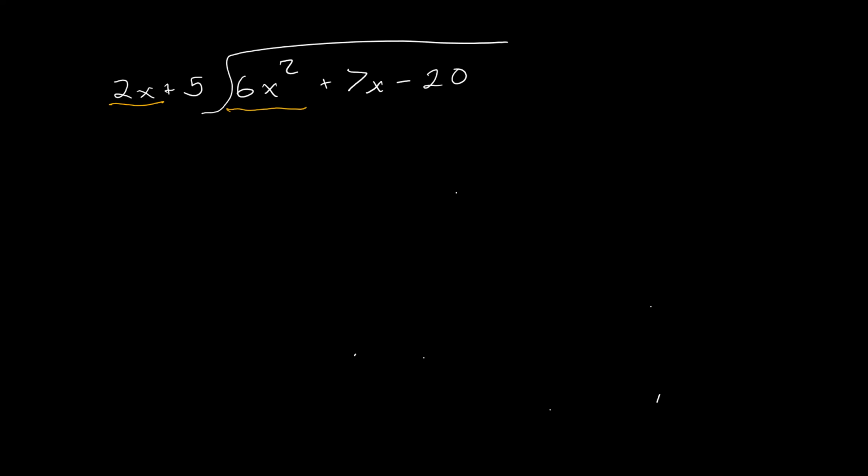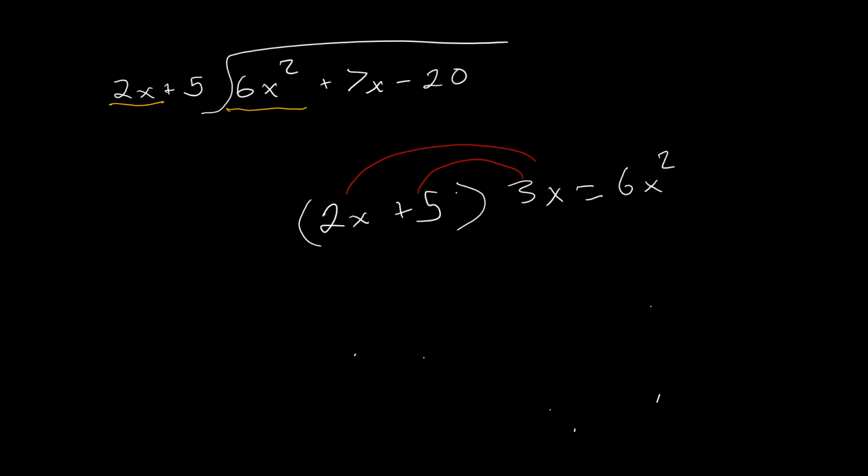To get a 6x squared from 2x, we are going to have to multiply 2x plus 5 by 3x, which would then give us 6x squared plus 15x.